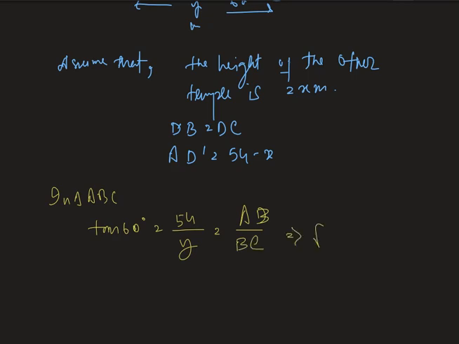Now tan 60 is root over 3, therefore we get root 3 is equal to 54 by y, hence y is equal to 54 by root 3.